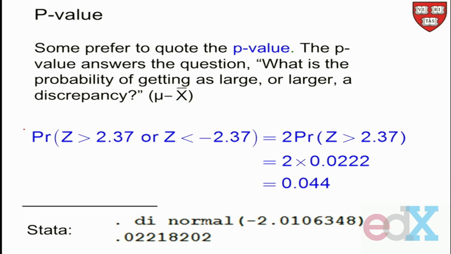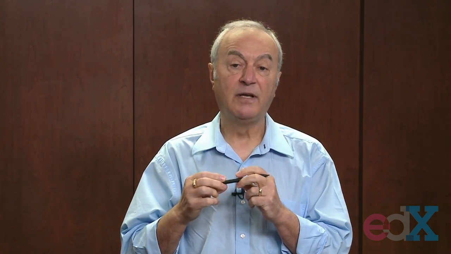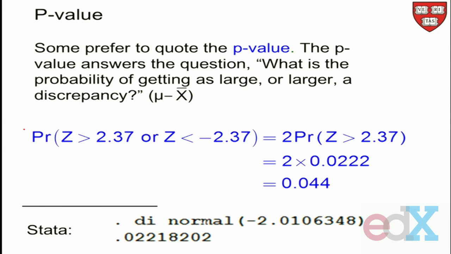Now, what the p-value is, the p-value answers the question, what is the probability of getting as large or larger a discrepancy? So remember, we're always looking at this discrepancy between the population mean and the sample mean. In this case, after we standardize things, dividing by the standard error, our value was 2.37.